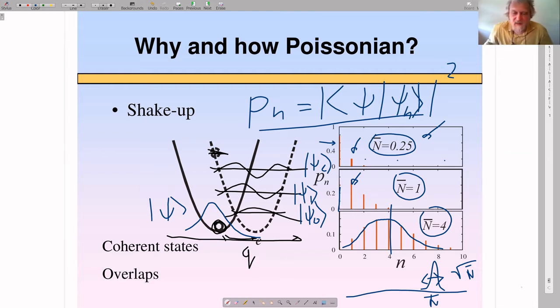So I believe I explained how it comes about. I believe I gave you the notion of what happens to the Poisson distribution at small and large values of this parameter.